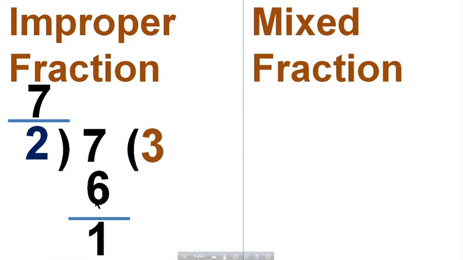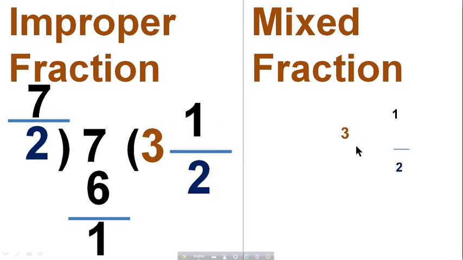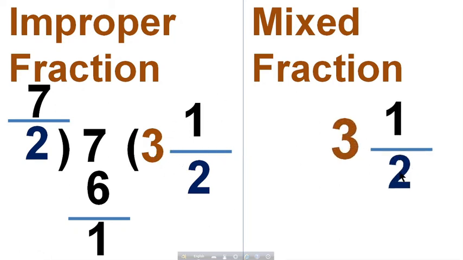If we subtract, we get 1, and this 1 will be the numerator, and the denominator will be the same, 2. The denominator will not be changed. So we have got our mixed fraction here, 3 integer 1 by 2.